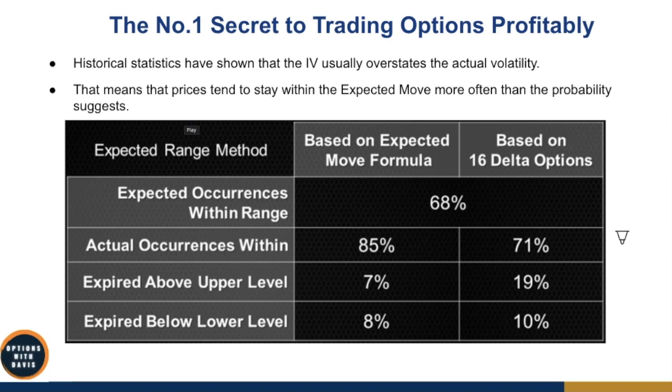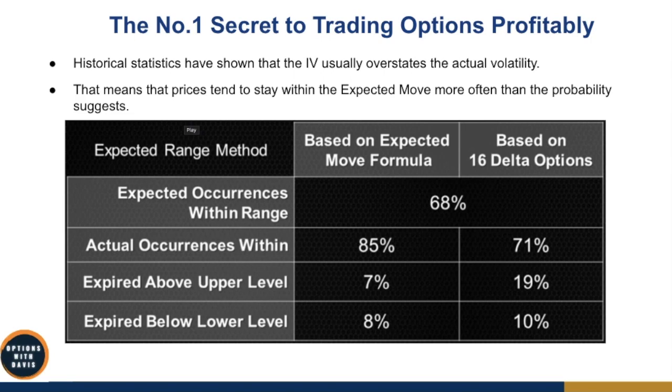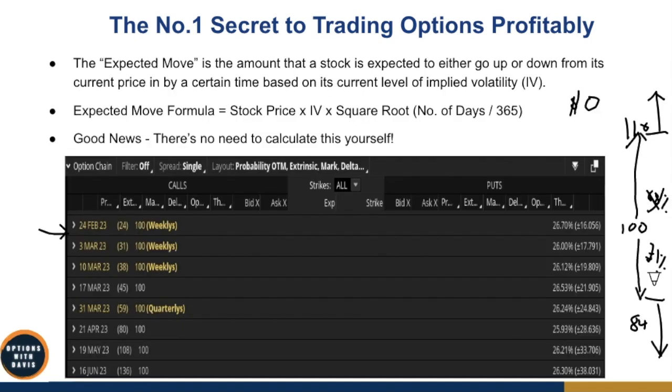So this is a statistically very relevant study, because it has a lot of data points. That means that although you're supposed to win 68% of the time, you are actually winning roughly 71% all the way to 85% of the time.